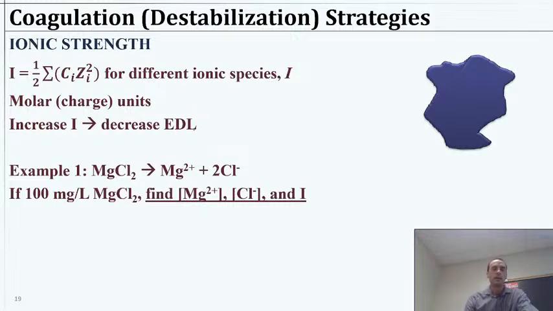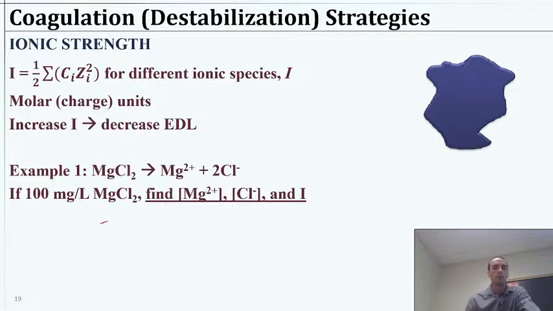In this example, I'll let you do it on your own for the most part. But if we were to say magnesium chloride, that's going to dissociate into magnesium 2+ and 2 chlorides 2-.